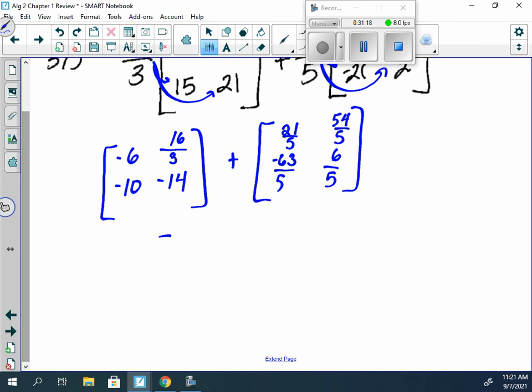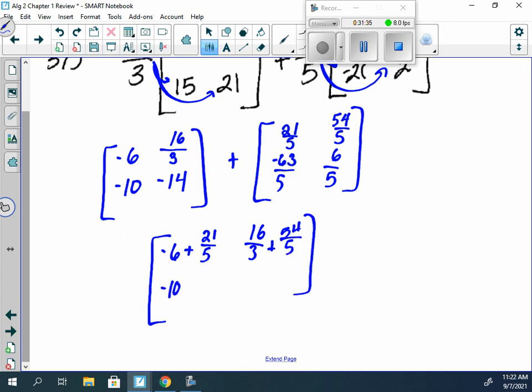Now at this point here, we would combine our like elements, so negative 6 plus 21 over 5. 16/3 plus 54/5. Negative 10 plus negative 63/5. And lastly, negative 14 plus 6/5.